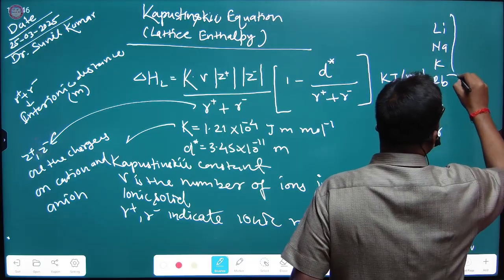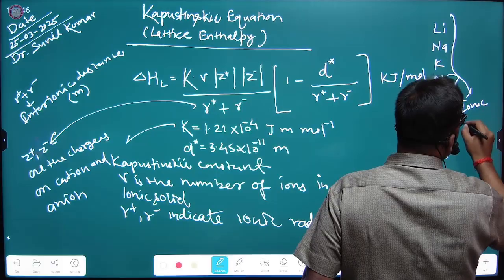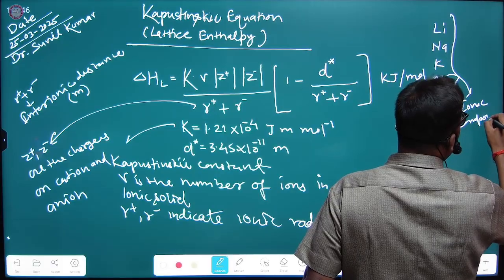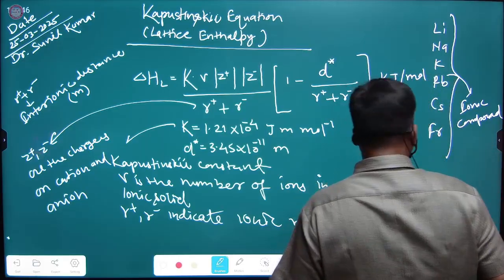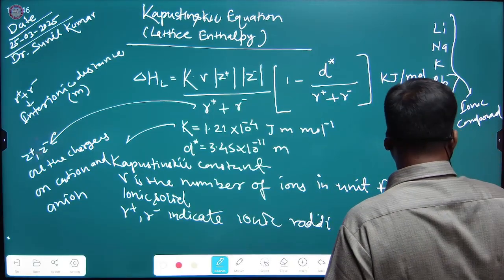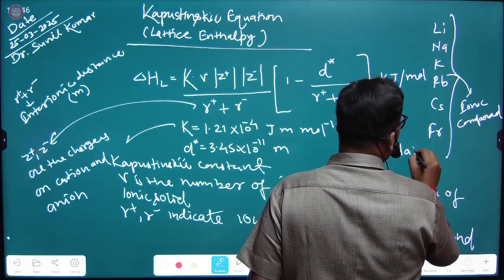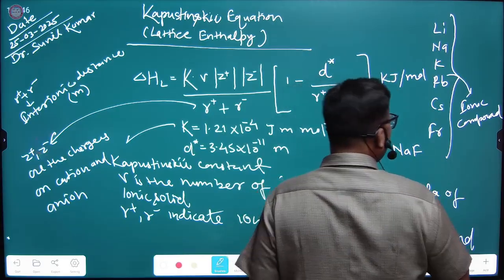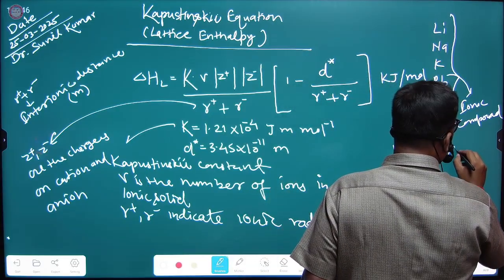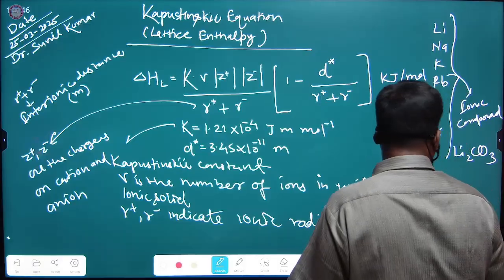An ionic compound, like you can say, is NaF, or Li2CO3, right?